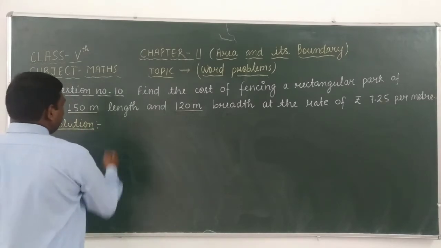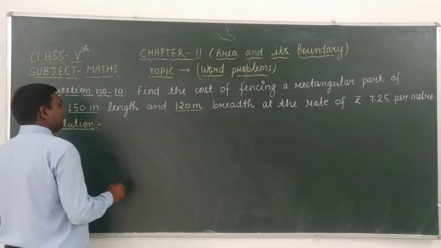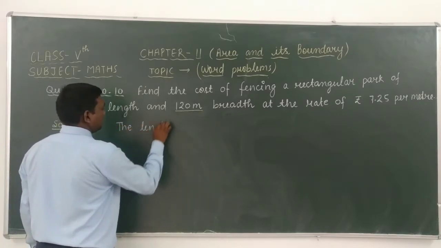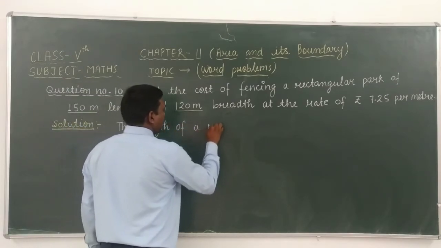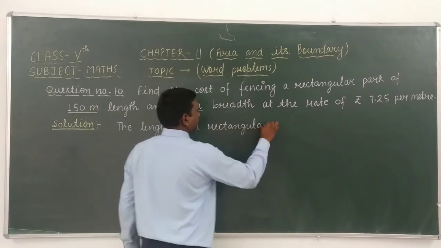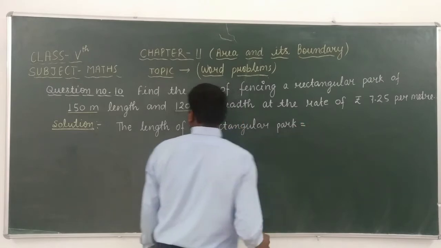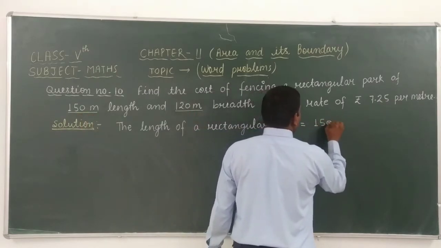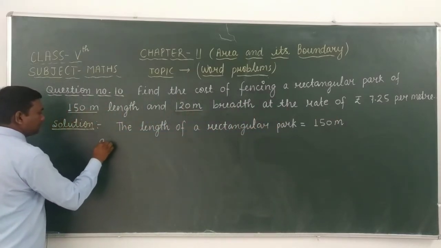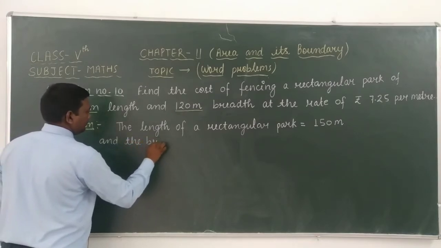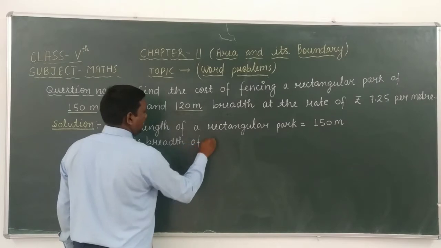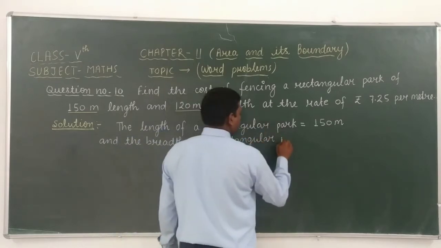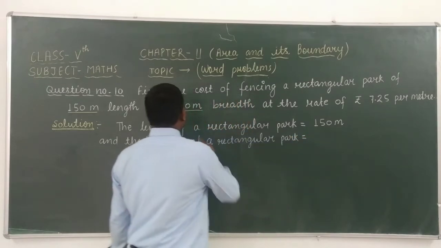Look here carefully. Given that the length of a rectangular park is equal to 150 meter and the breadth of a rectangular park is equal to 120 meter.